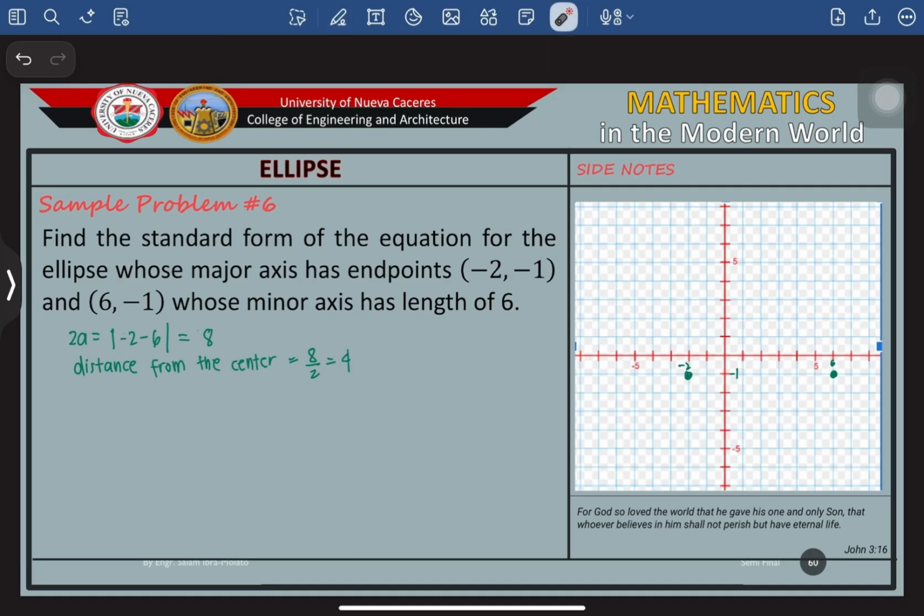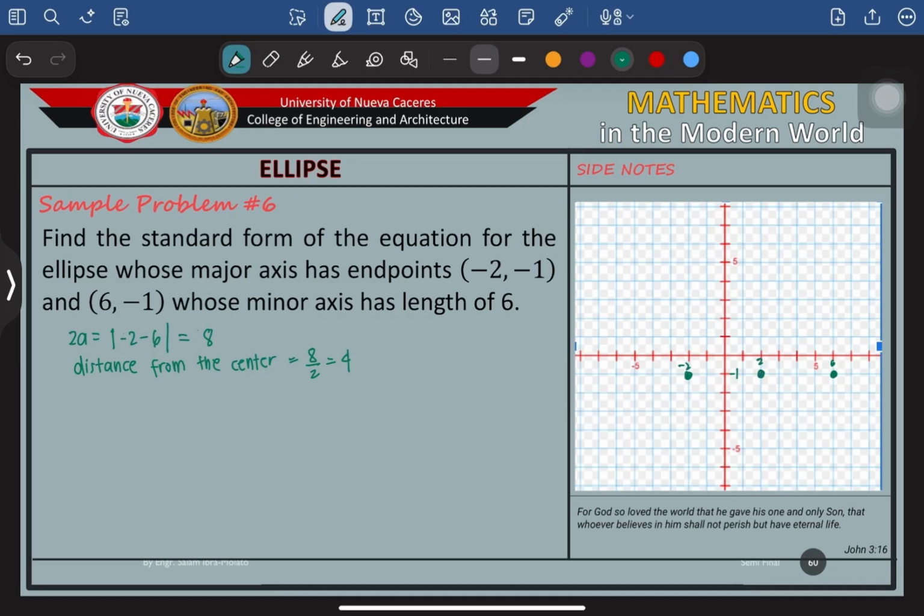So let's count 4 from one of the endpoints of the major axis. Starting from here, 1, 2, 3, 4. So here is where the center is located, at (2, -1).